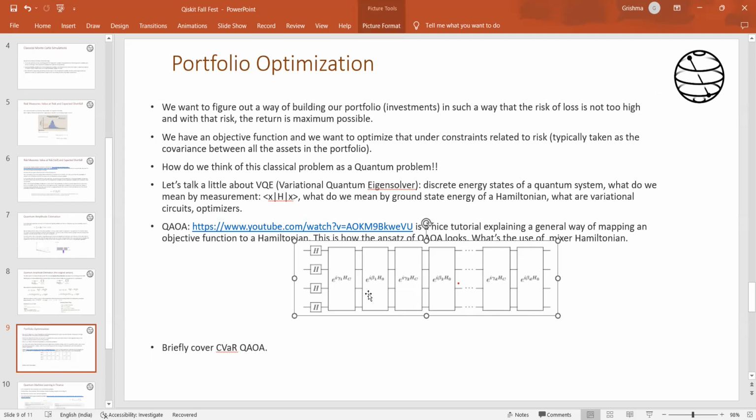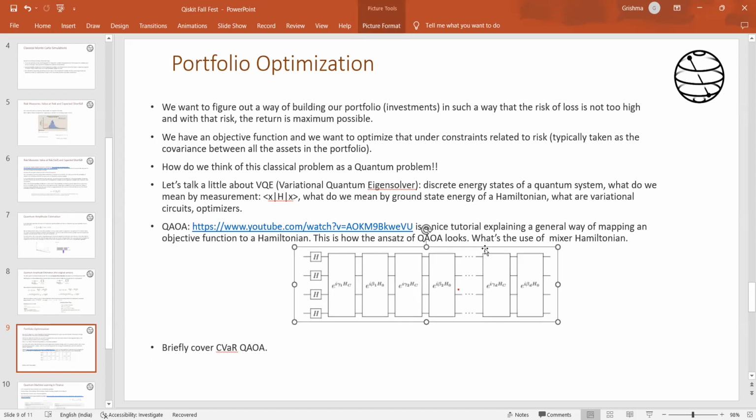This wasn't very intuitive to me in the beginning, I would like to confess, but the mixer Hamiltonian is used so that you could get a global maxima or minima.